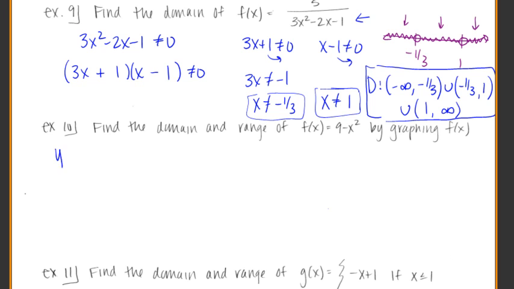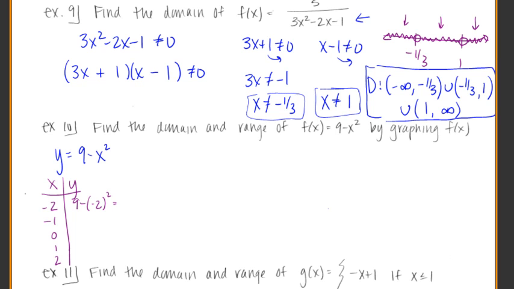Okay, so what we're graphing is y equals, remember function notation stands for y, so y equals 9 minus x squared. And one of the easiest ways to graph a function is just to go right to your xy charts. So let's just pick some values. How about negative 2, negative 1, 0, 1, and 2. So if I plug in negative 2, it would be 9 minus negative 2 squared.